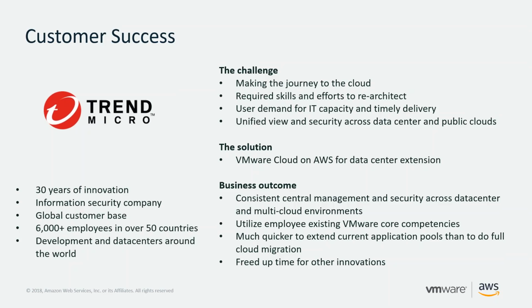They also found it much quicker to extend their current application pools than to do a full cloud migration. And then also it freed up time for other innovations. So rather than focusing on setting up a new environment or even going through the process of procuring additional hardware as needed, they were able to quickly deploy VMware Cloud on AWS, have it up and running, and now they were able to focus on other innovations as needed as well.